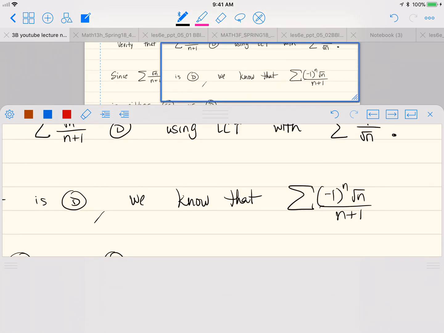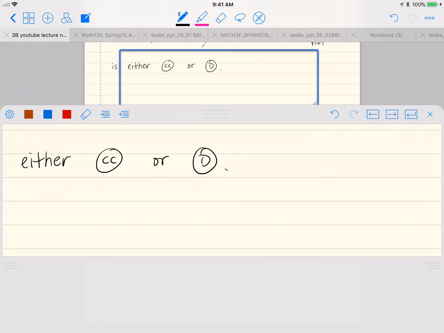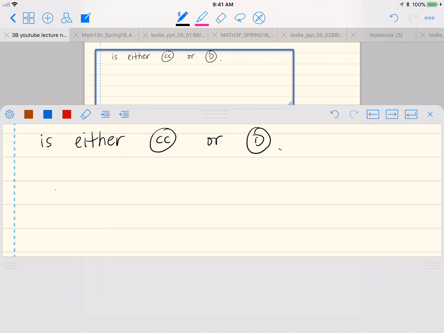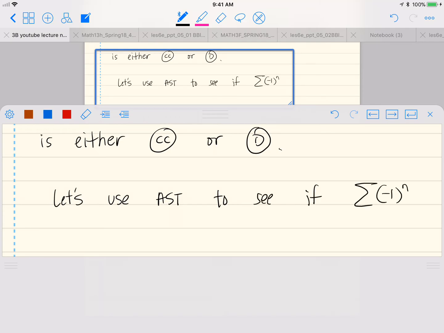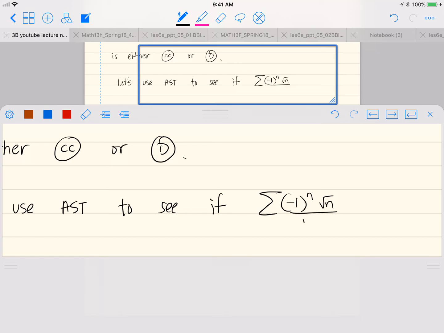So, how do we tell if it's conditionally convergent? We need to see if this series converges just by itself. Best way to do that is to use alternating series test. So let's use the alternating series test to see if our series, negative 1 to the n, square root of n, over n plus 1, is convergent.